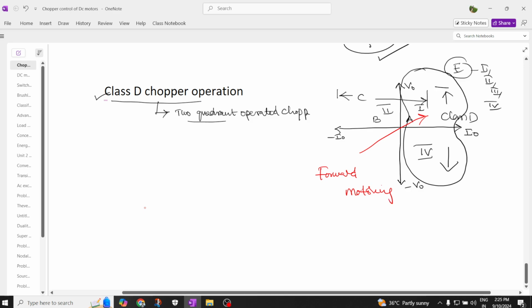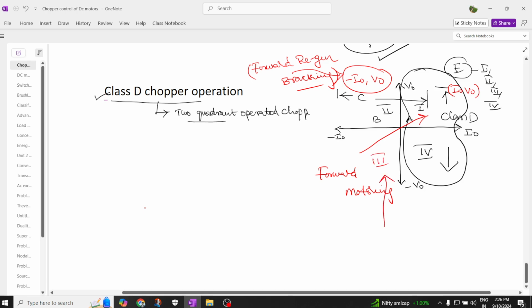Why? Because here you are going to have I naught and V naught as positive. Here you are going to have minus I naught and V naught, and this quadrant we are going to call forward regenerative braking. Regenerative, it will generate the power by applying the braking. And this third quadrant is called reverse motoring. You can see here negative current and negative voltage, therefore this is called reverse motoring mode of operation.